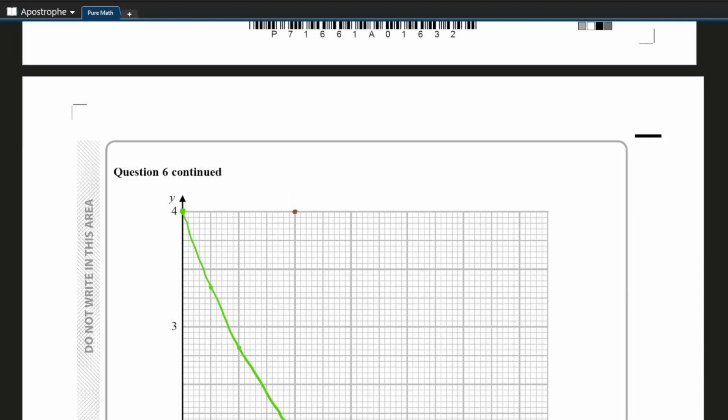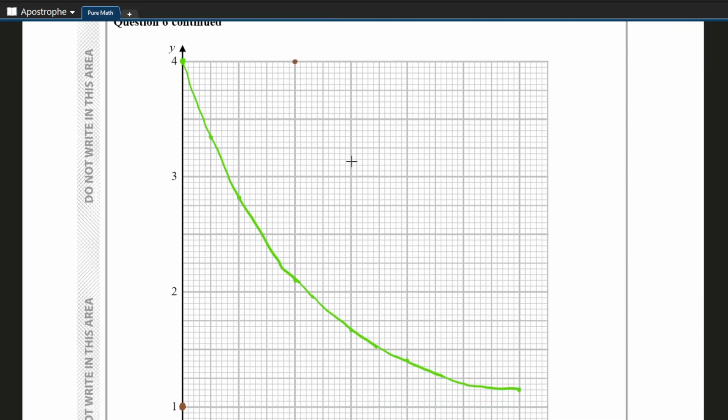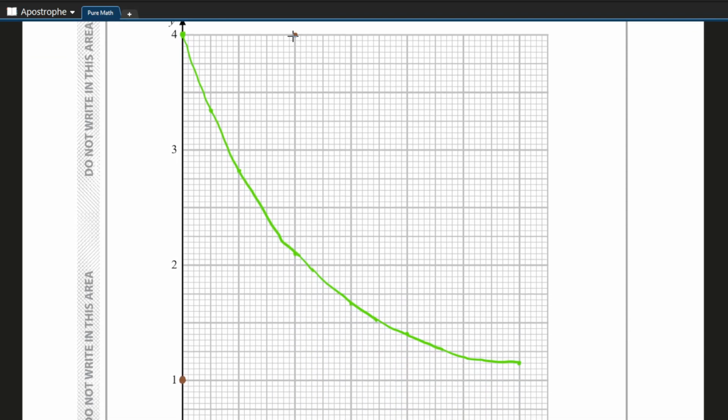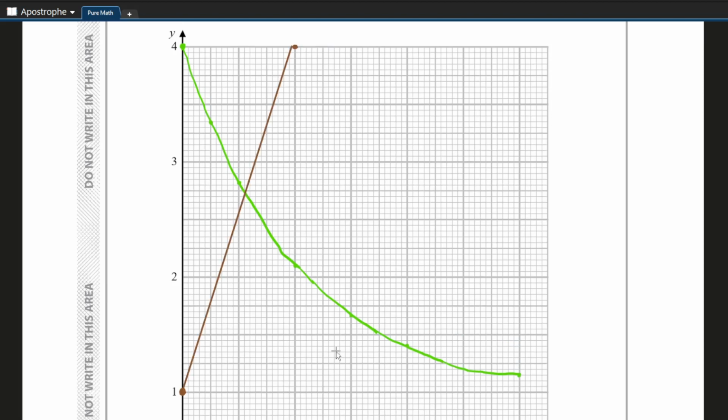Now let's try to draw a straight line. The straight line should look something like this.